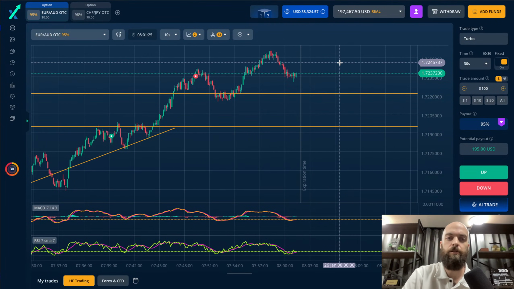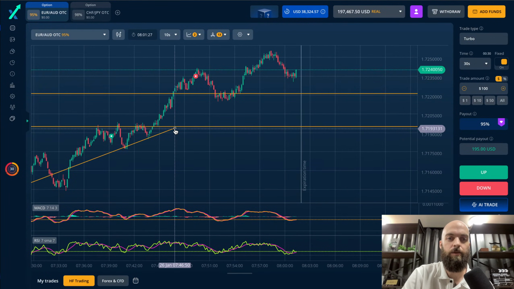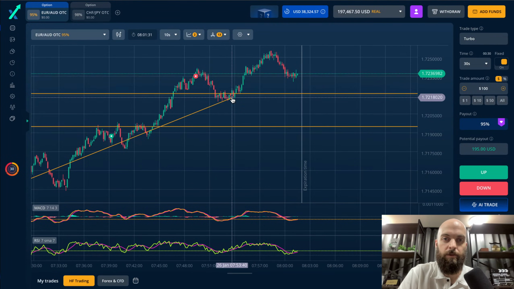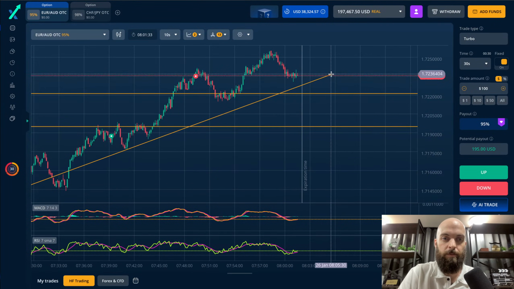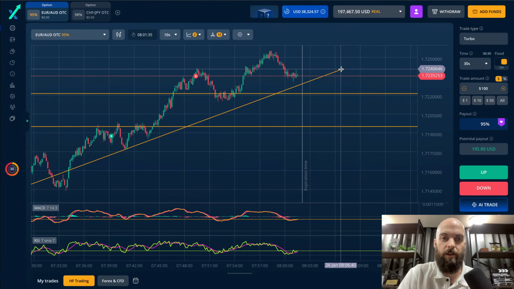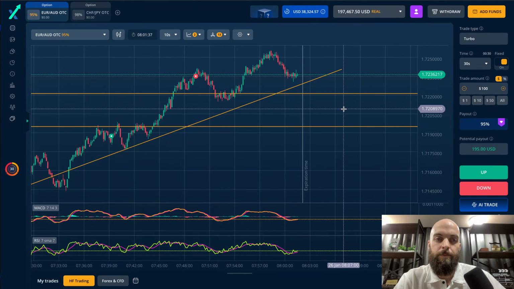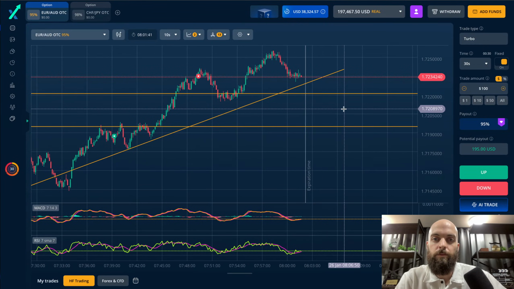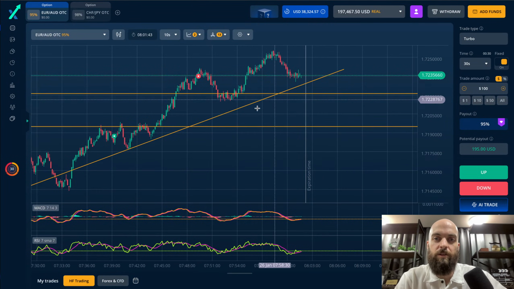The trend line, you can see that it's still following pretty good. It's still following pretty well, actually. Look at that. Couldn't break through this hot zone.